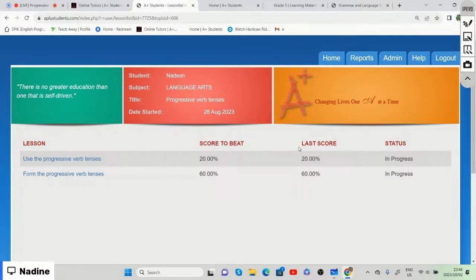The present progressive tense shows ongoing action that is happening now. The past progressive tense shows ongoing action that happened in the past. And the future progressive tense shows ongoing action that will be happening in the future.